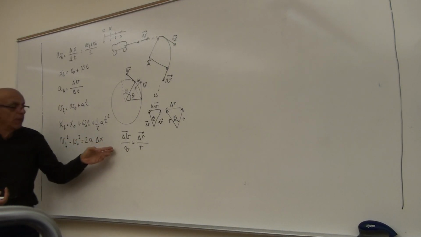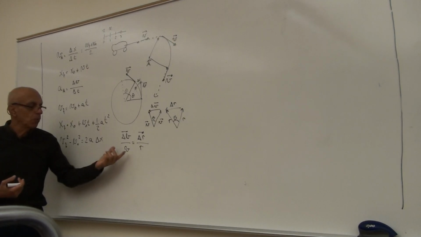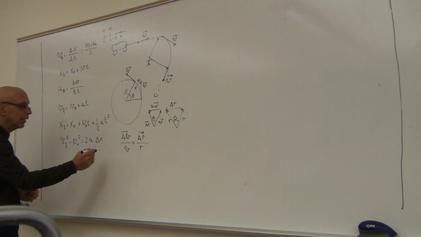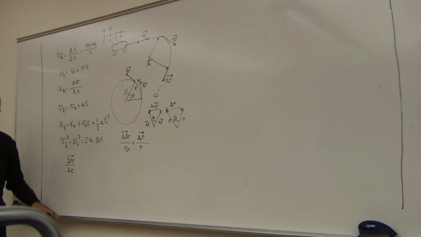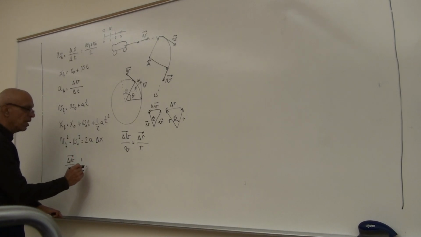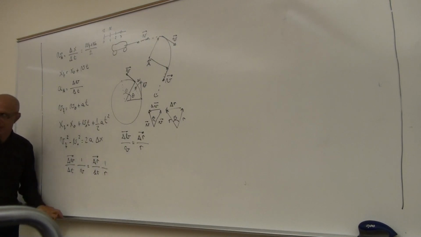So can I divide by delta T on both sides of this equation? Remember, whatever I do on one side of the equation, I need to do on the other side. So I'm going to write delta V divided by delta T, and here 1 over V. And here delta R divided by delta T, 1 over R here.